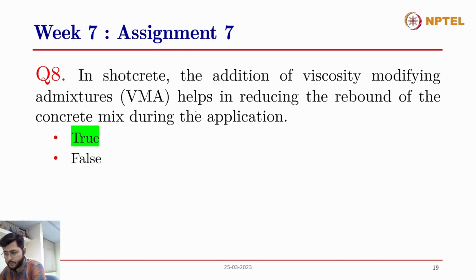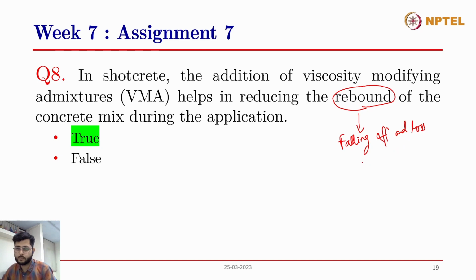This is done essentially in the shotcreting process, because the viscosity modifying admixture increases the viscosity of the concrete or the cement based suspension, and after we have shot the concrete onto the vertical surface, or onto the surface of a tunnel, or wherever the shotcreting application is taking place, the viscosity will be increased. Therefore, the rebound, which is the falling off and loss of material during application, is reduced.